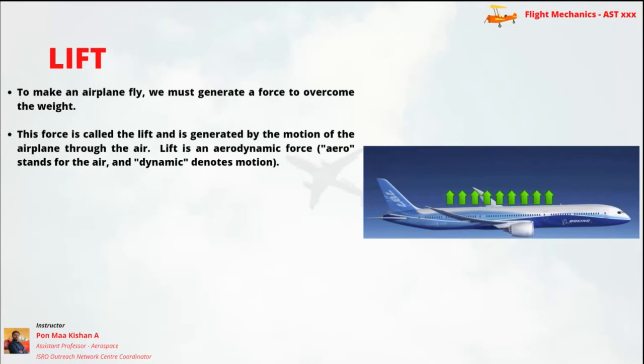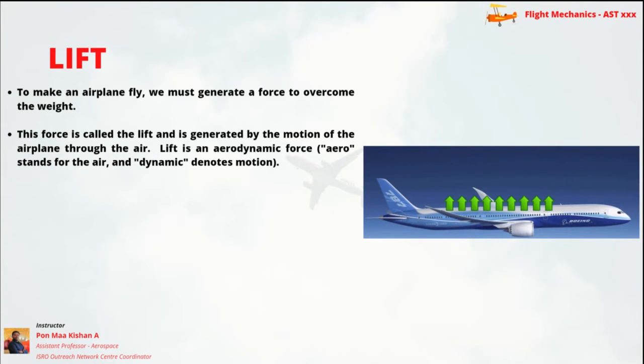So when it is flying, the air is around each and every structure of the aircraft. People used to say in the basics how the wing is developing and helping the lift force. But the fuselage structure will also provide a small amount of lift.